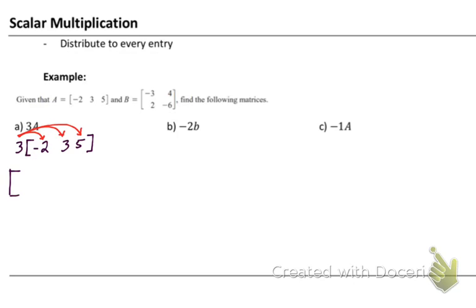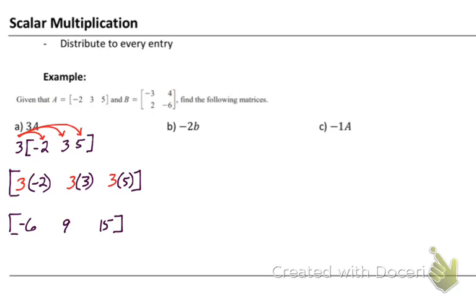So that's just going to become 3 times negative 2. Then I'm going to have 3 times 3. I'm going to have 3 times 5. And that's just going to be the matrix, negative 6, 9, and 15. My matrix size does not change when I do scalar multiplication. So when I do addition, subtraction, or scalar multiplication, my matrix size does not change whatsoever.